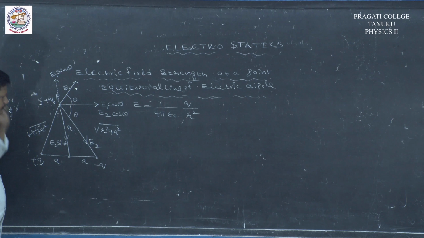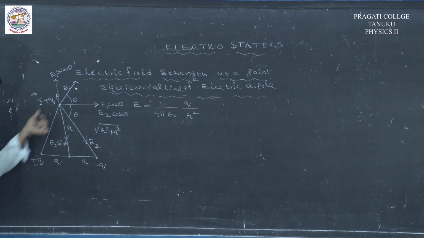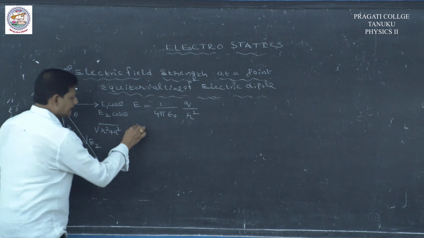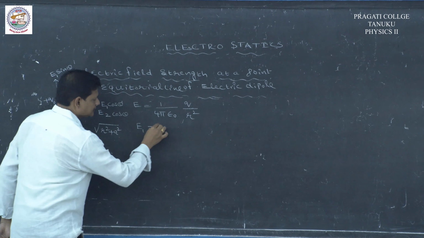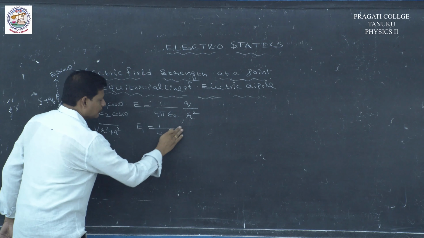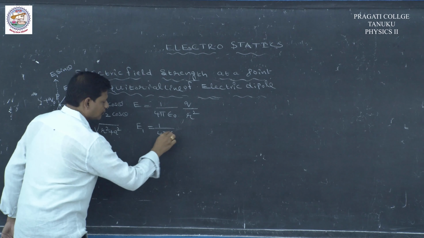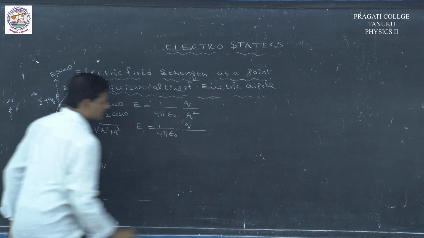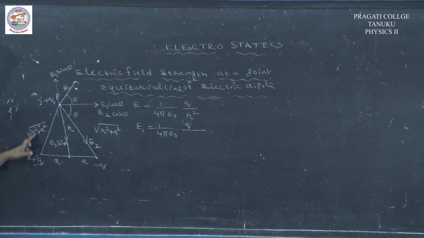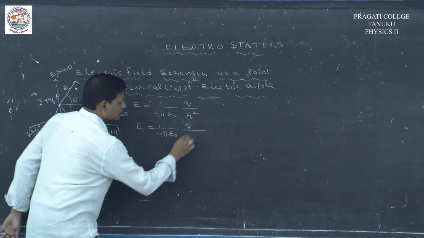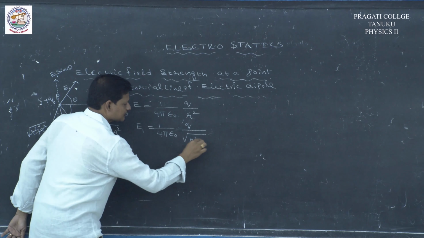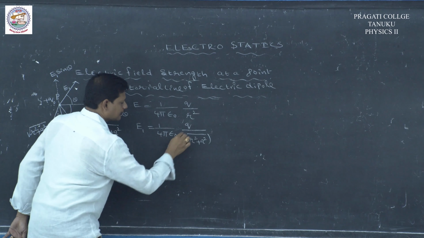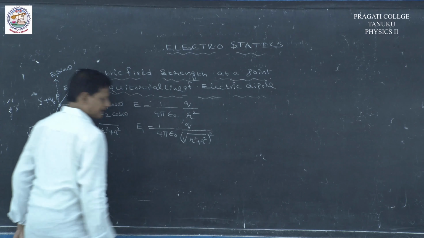From the diagram, first of all calculate the electric field strength due to plus q at point P. Let it be E1, equal to 1 by 4 pi epsilon naught, q by the distance between the two charges, root over r square plus a square, whole square.